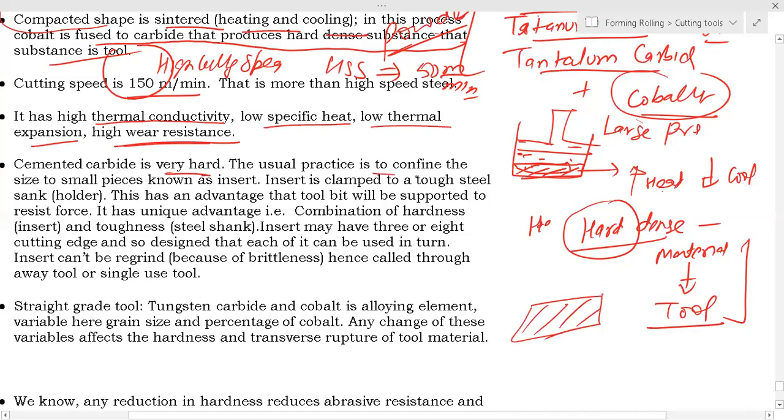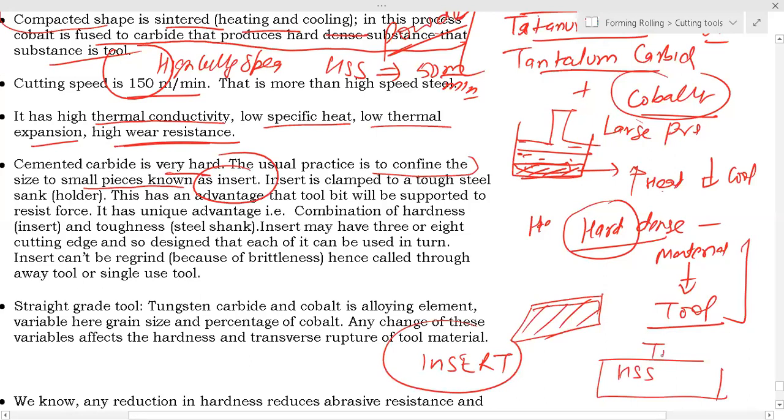The usual practice is to confine the size to small pieces known as inserts. What is an insert? Insert is that small piece. You have a high speed steel tool holder, and this small part is your tool. The holder is high speed steel because it is tough.